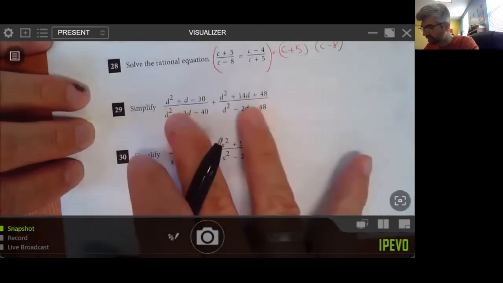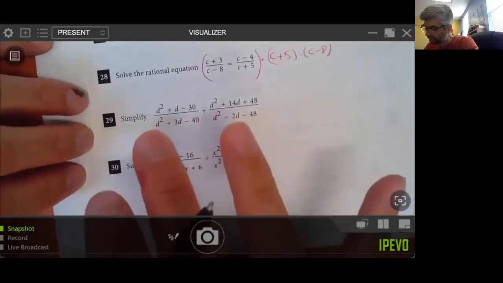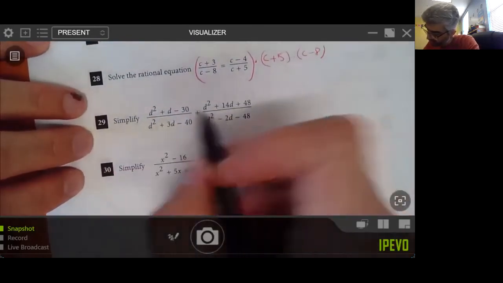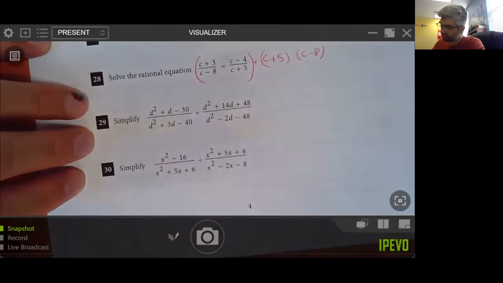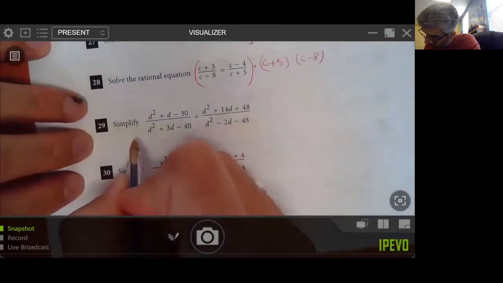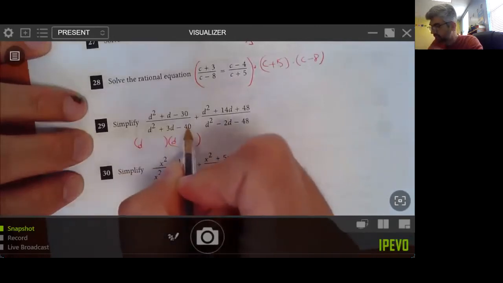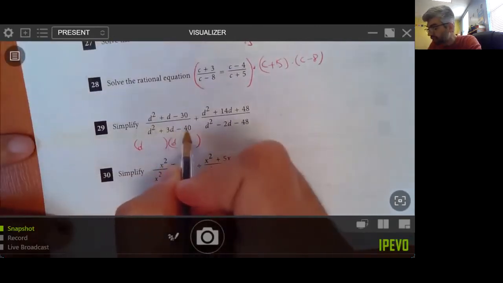Basically, we should factorize and then add and then simplify. It's fine. So we have to factor all numerators and denominators. Let me do here quickly. So d squared plus 3d minus 40. Product is 40.